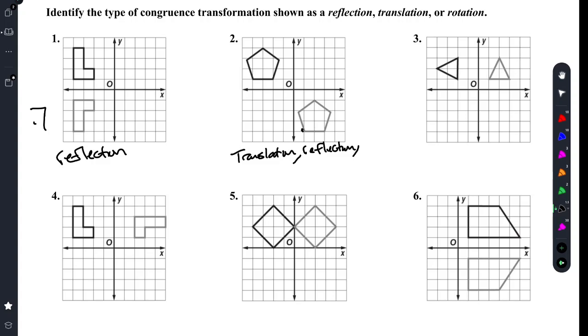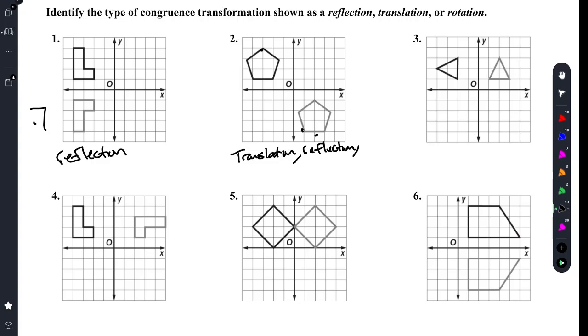What would it look like if you rotated it 180 degrees? This point would end up down here, right? So that point would be down there. It would look something like this, I think, right? Like that, kind of like that. Or that pointy part is at the bottom. All right, so we're sure it's not a rotation, yeah? But I'll tell you, be careful, because you might think something quickly, and it might be something else.